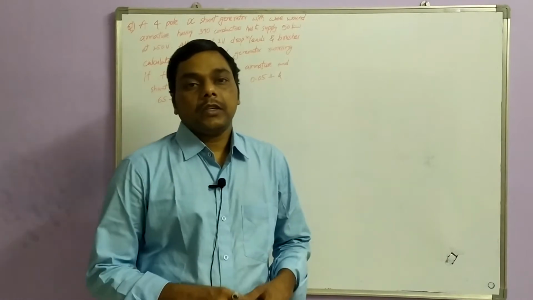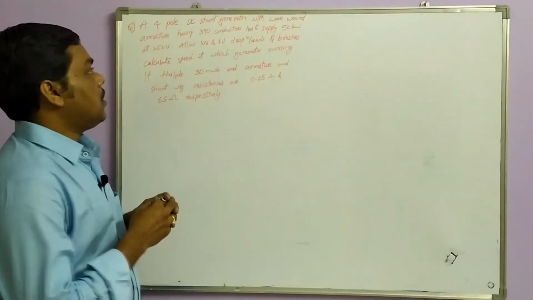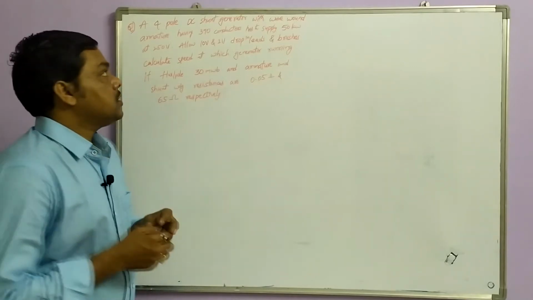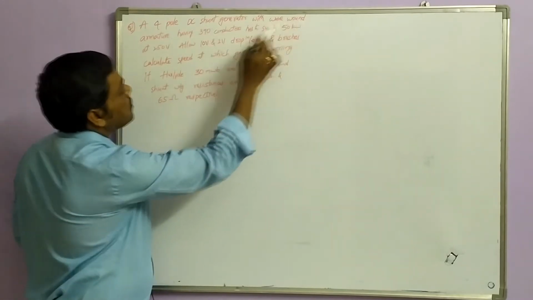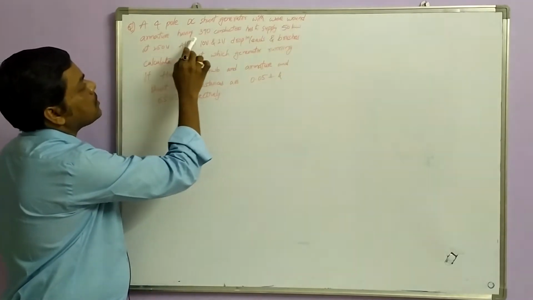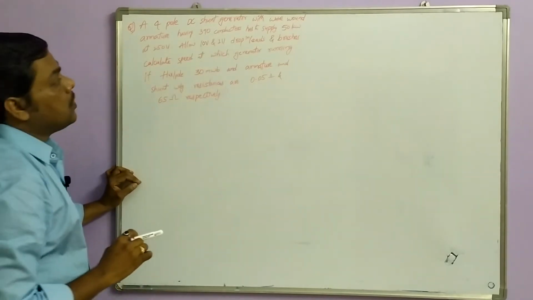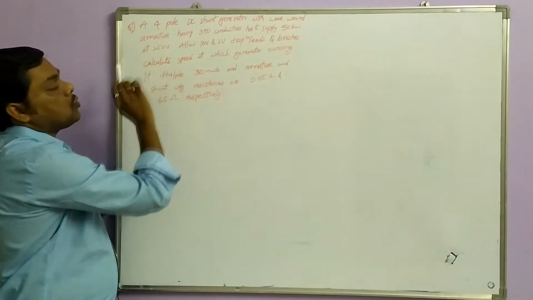Today in this lecture we are going to solve a simple numerical problem on DC shunt generator. So the question is, a 4-pole DC shunt generator with wave wound armature having 390 conductors has to supply 50 kilowatts at 250 volts.